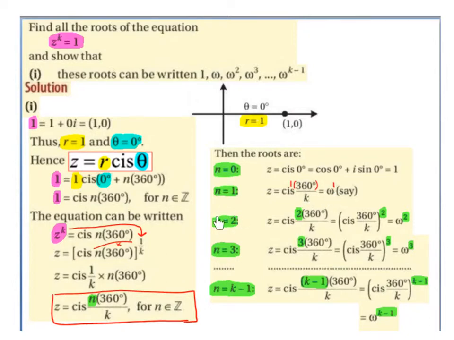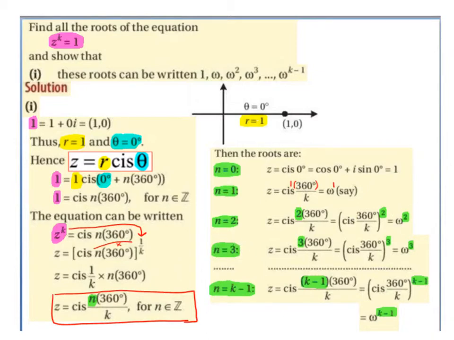When n is equal to 2, we have 2 multiplied by 360 degrees over k. So 2 times 360 degrees over k gives us (cis 360 degrees over k) to the power of 2. So this is de Moivre's theorem in reverse. This is basically cis 360 degrees over k, which is w, but we're squaring it, so we have w squared. So when n is equal to 2, we get w squared.